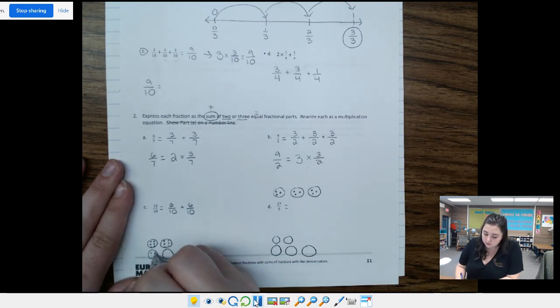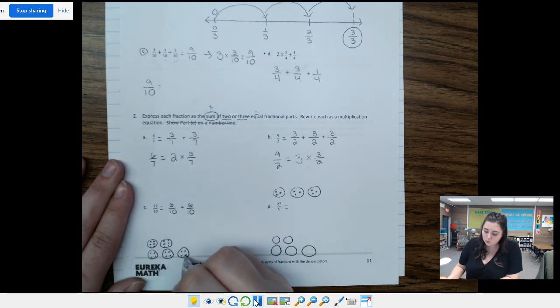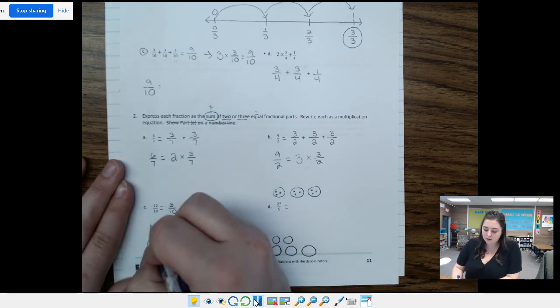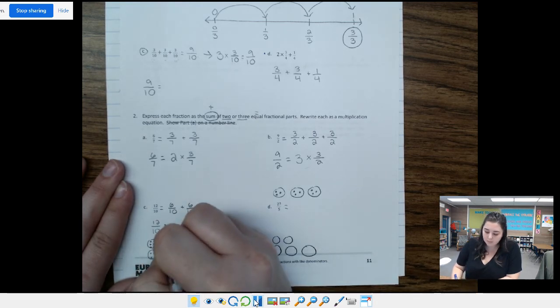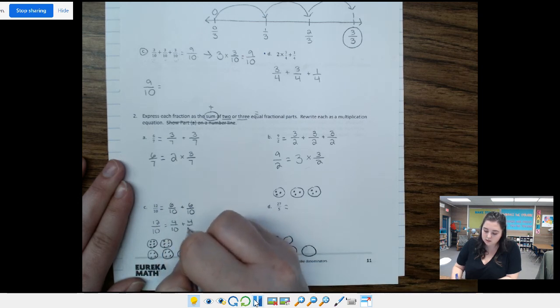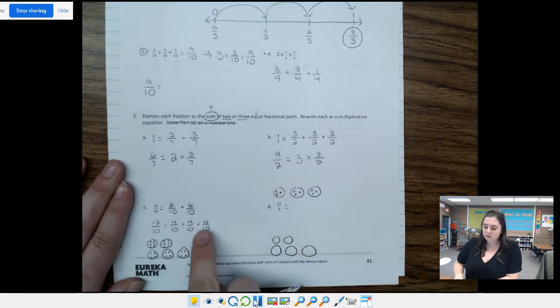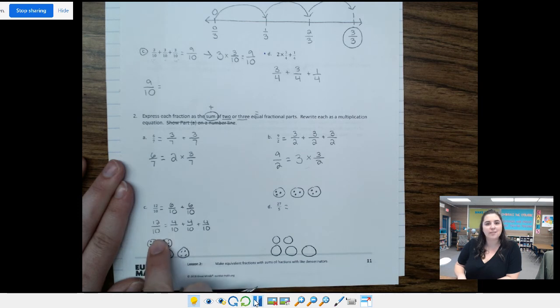You could also break it up into 3 groups that would have 4 in each. So you could say 4 tenths plus 4 tenths plus 4 tenths. 4, 8, 12 tenths. Either of these is right.